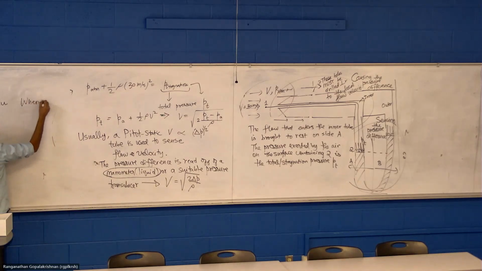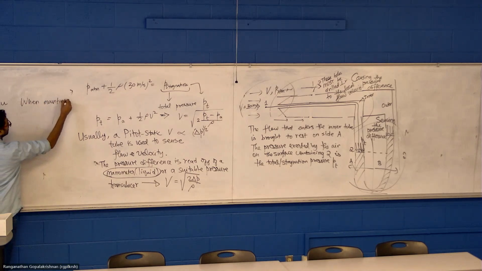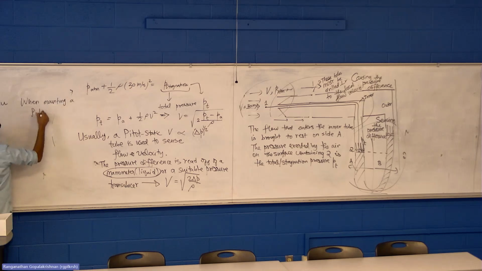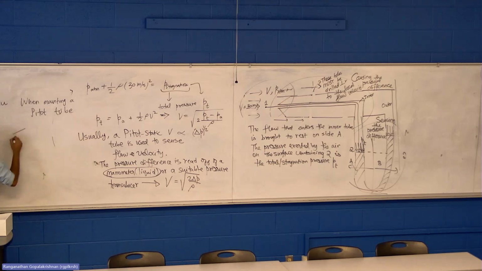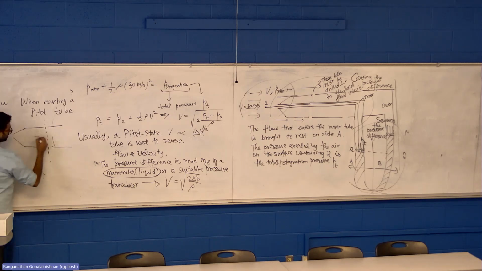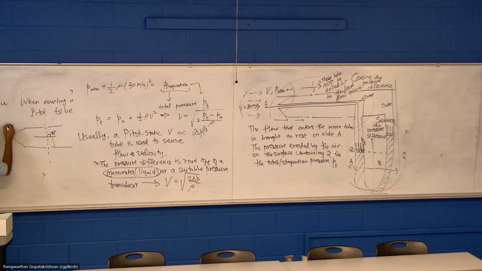So when mounting a pitot tube, you ideally want, I'll draw the axis of these holes, and this is your velocity, which means this direction has to be 90 degrees. This is ideal. If it were not ideal, let's say there is a small angle theta.